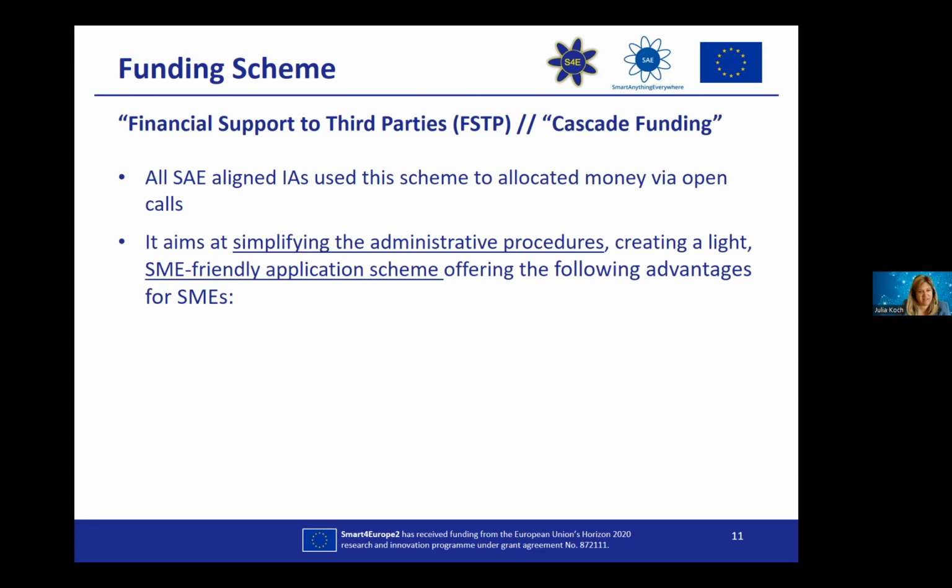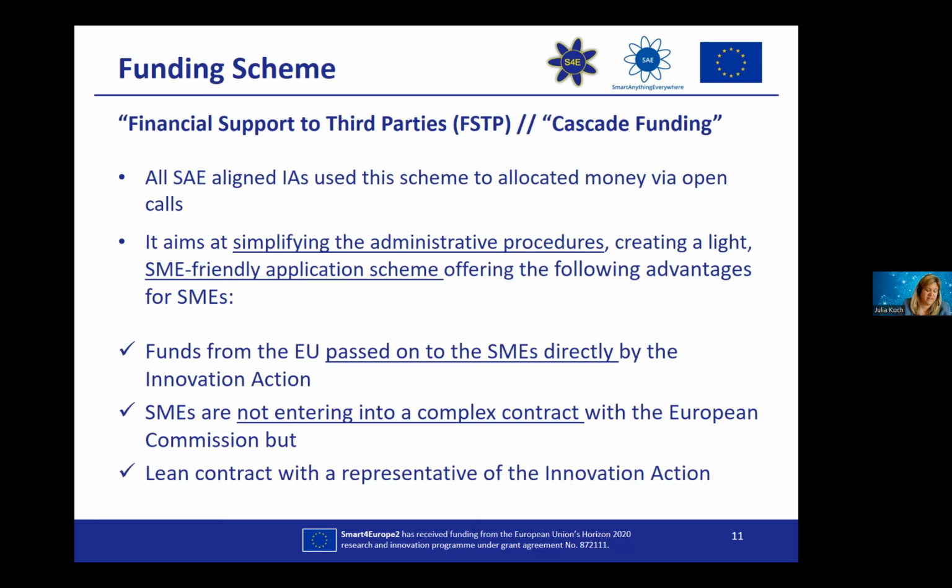This funding scheme aimed to simplify the administrative procedures and thus to create an SME-friendly application scheme. All of the innovation actions under the SAE Initiative used that funding scheme. So why was it so successful?